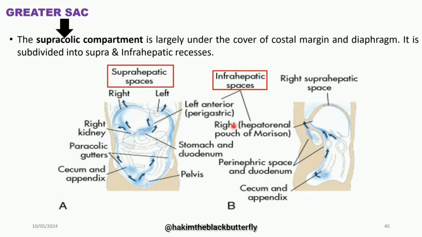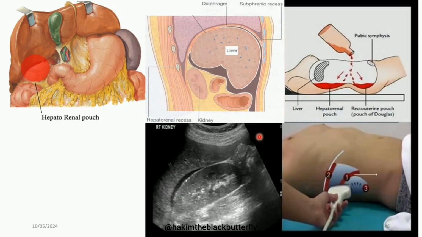Or some books can also call it the what? The Morrison's pouch or the hepatorenal pouch. The pouch or the space between the right lobe of the liver and the right kidney. That space is called the Morrison's pouch. Okay, it's called the Morrison's pouch.